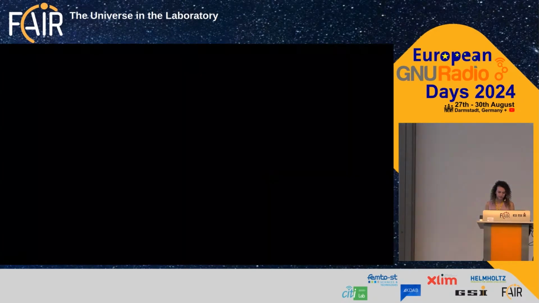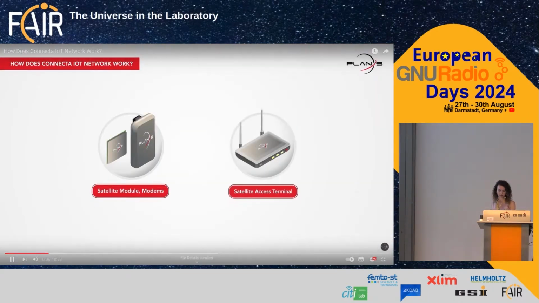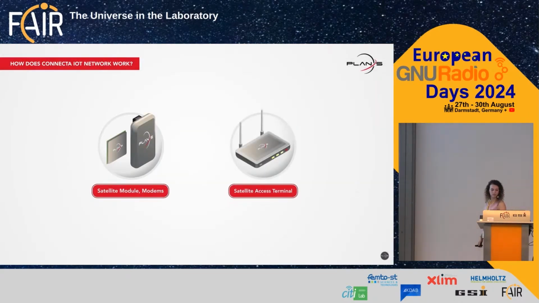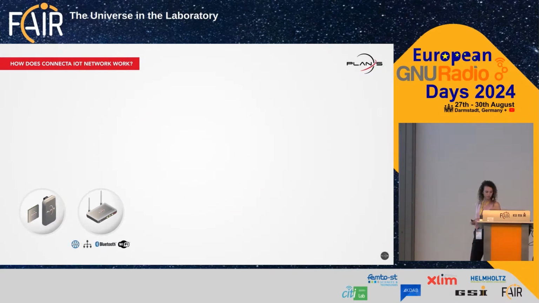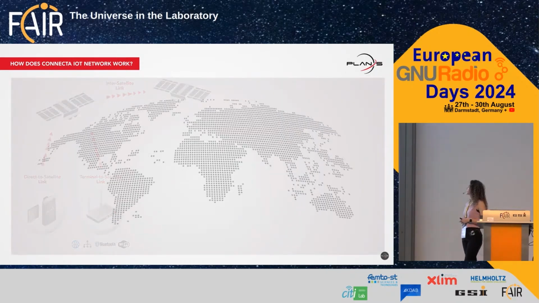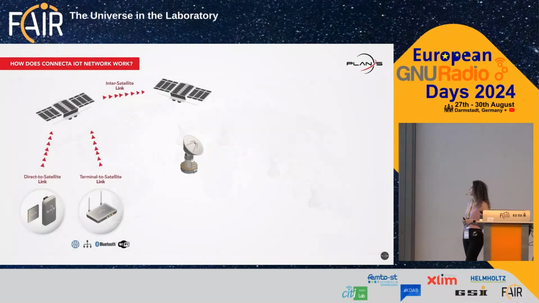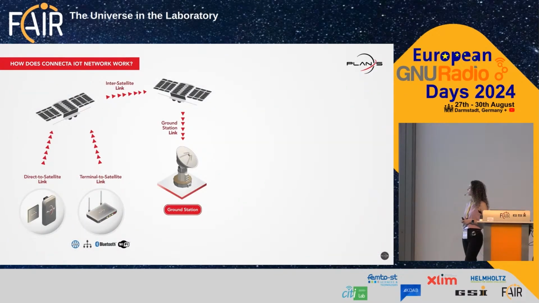How does the Connecta IoT network work? IoT sensor data is transmitted via Plan S modems, modules, or satellite access terminals. Connecta IoT satellites operate in low Earth orbit. Ground stations are located in Turkey and various parts of the world. Data collected by Connecta IoT satellites are downloaded.